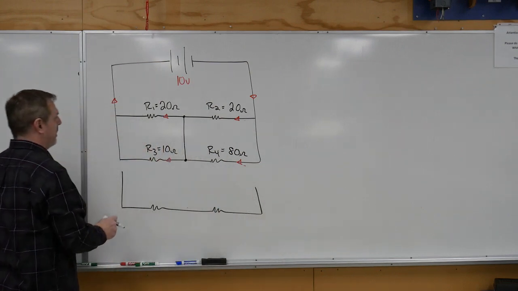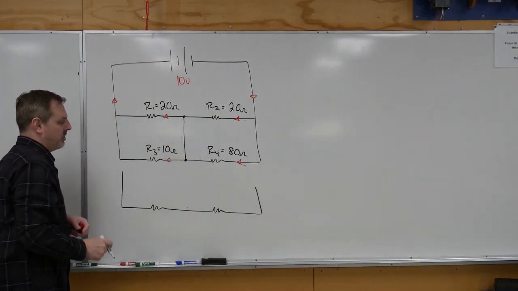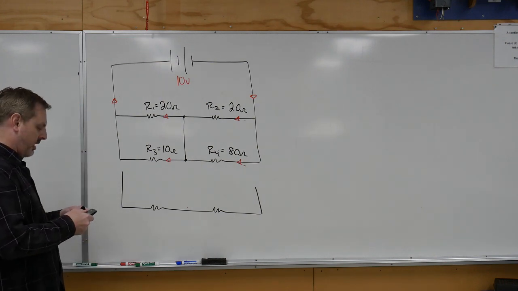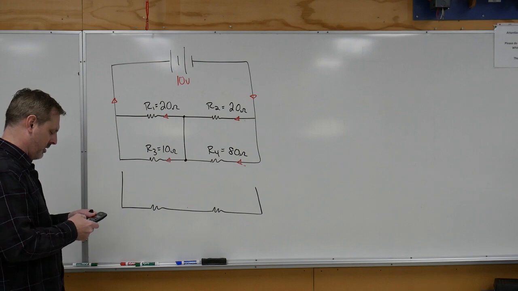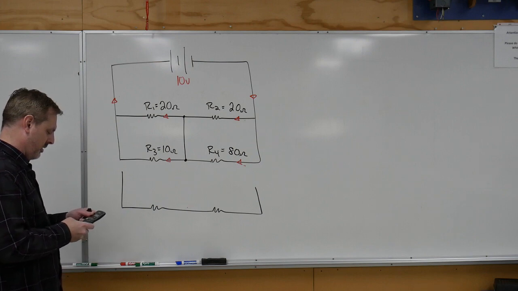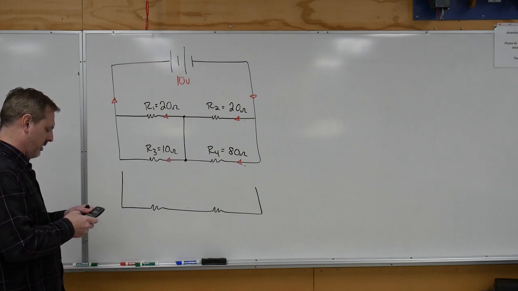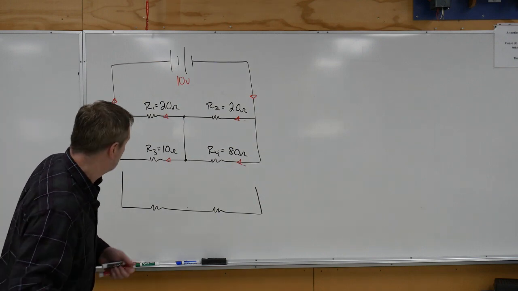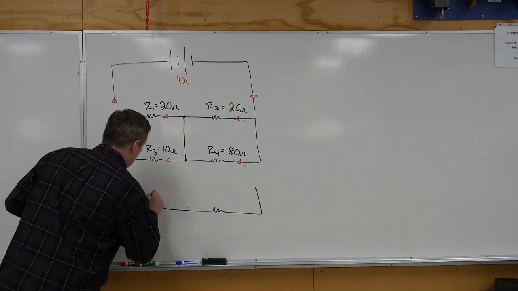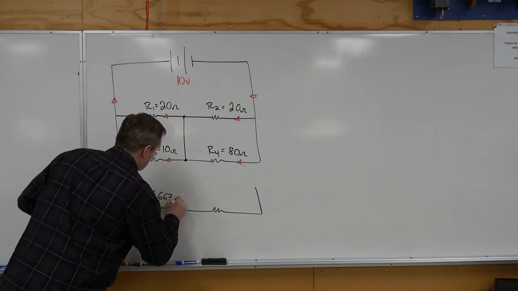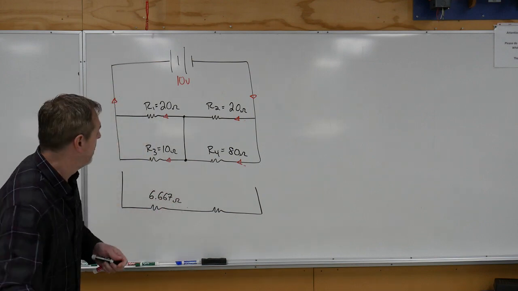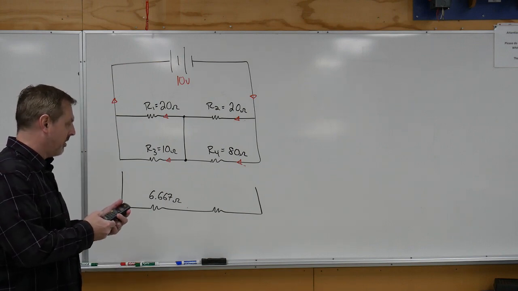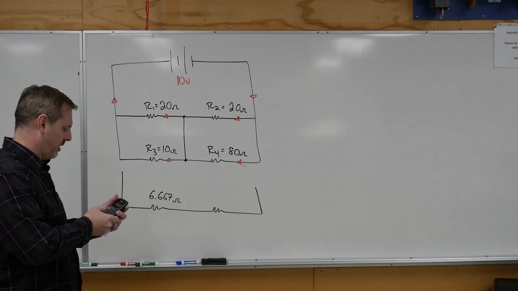So what that is going to do is force me to use a calculator in a minute here. We need this relationship there. So we've got 1 over 10 plus 1 over 20. That gives me 6.667. And then we've got 1 over 20 plus 1 over 80.